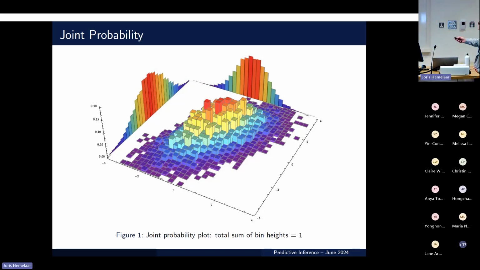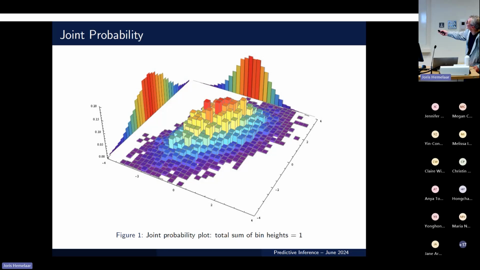The factorization says if I want to know the probability of the event in this bin here, I just go to the marginal. First calculate the probability of being in that column, and then given that column, what's the probability that you lie in that particular bin? Equally, the conditional probability says I now want to condition on a row or a column.